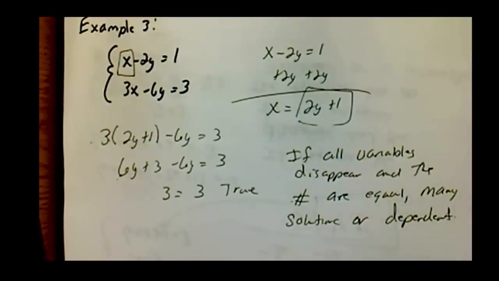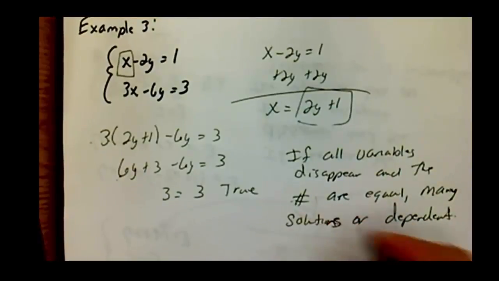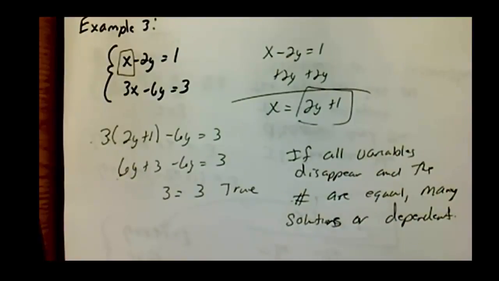If everything disappears and we end up with a true statement, we have that case of many solutions. So that's what we get with this one. Okay, so that's our pieces.